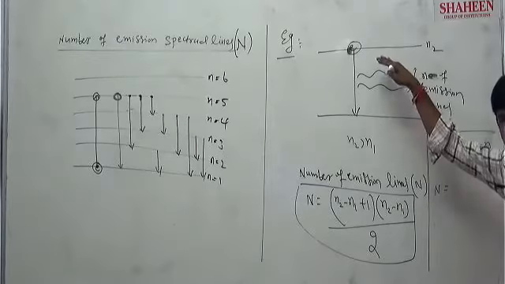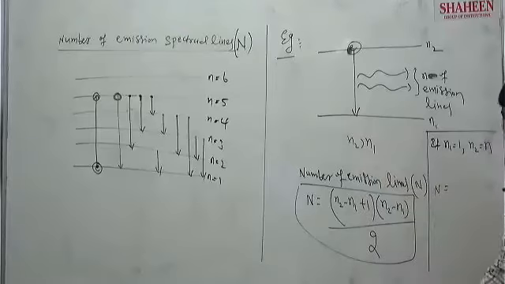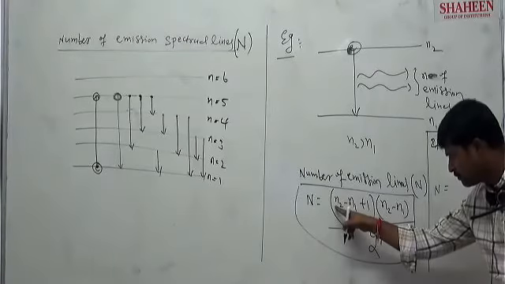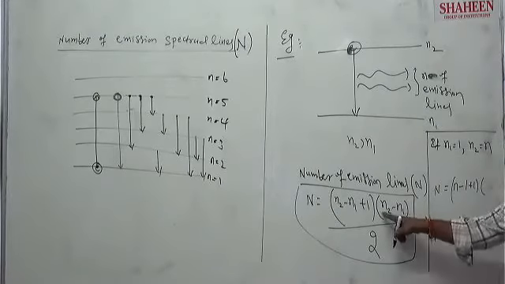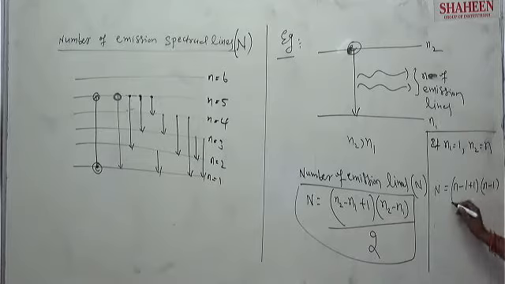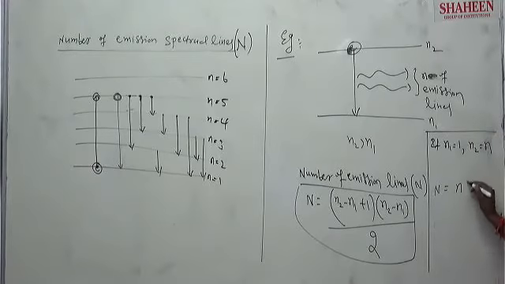If the electron jumps from higher to any other lower energy level, not the ground state, then you use the general formula. Substituting, n minus 1 plus 1 cancel out, so directly n into n minus 1 by 2.